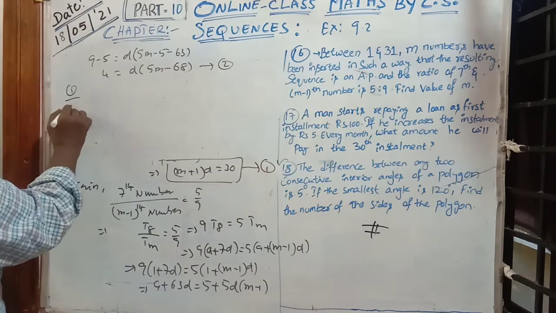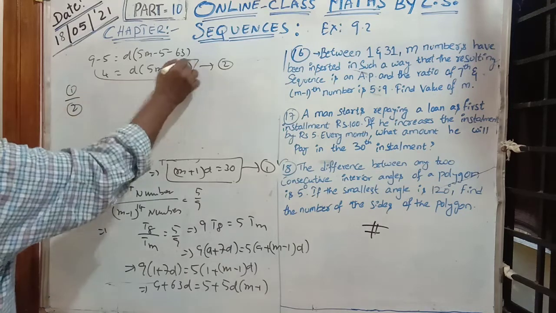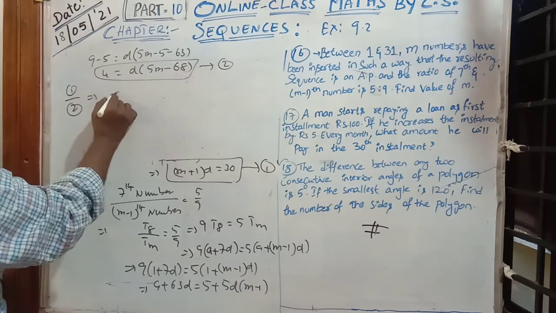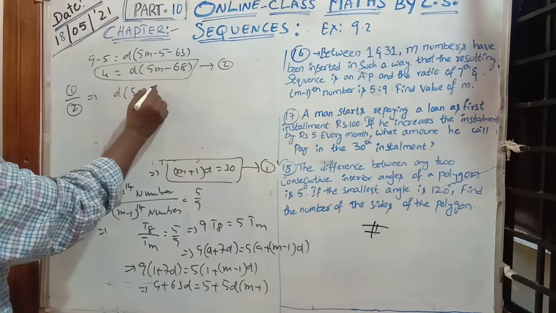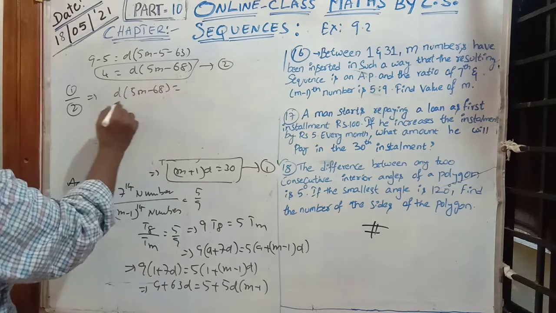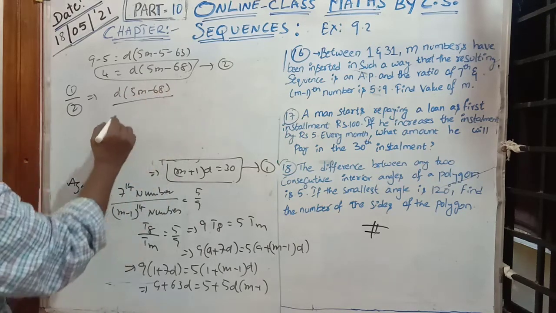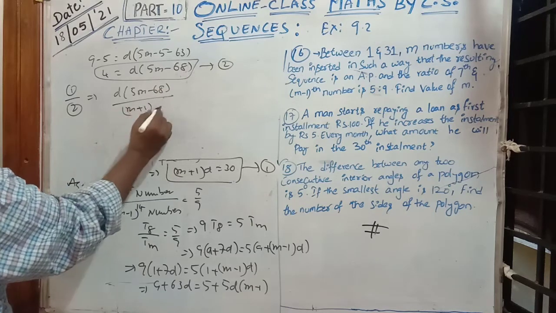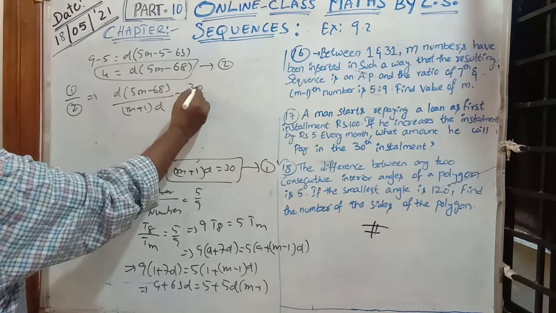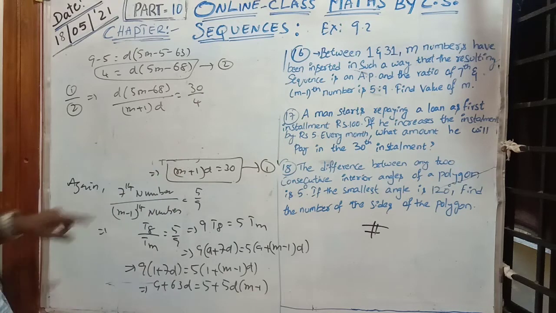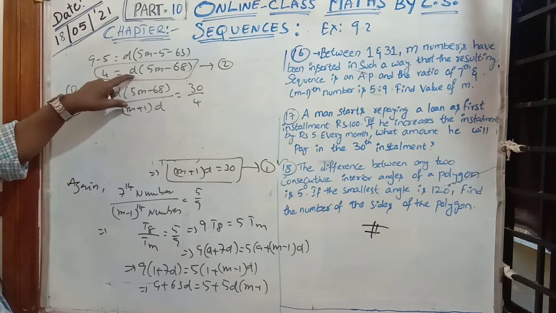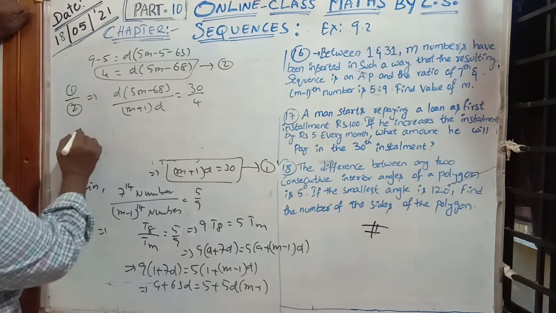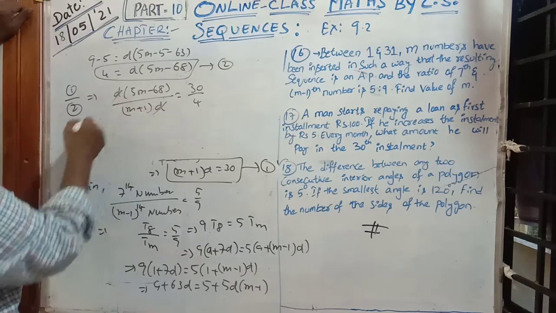Now we will take 1 by 2. That implies d of (5m minus 68) is equal to 4, and (m plus 1) into d is equal to 30. One equation by the second equation, in order to cancel d.